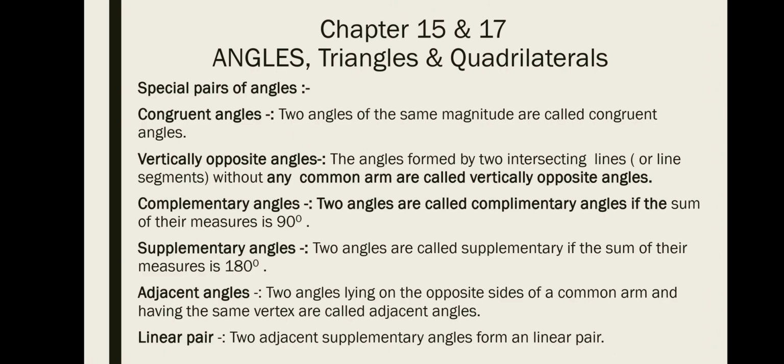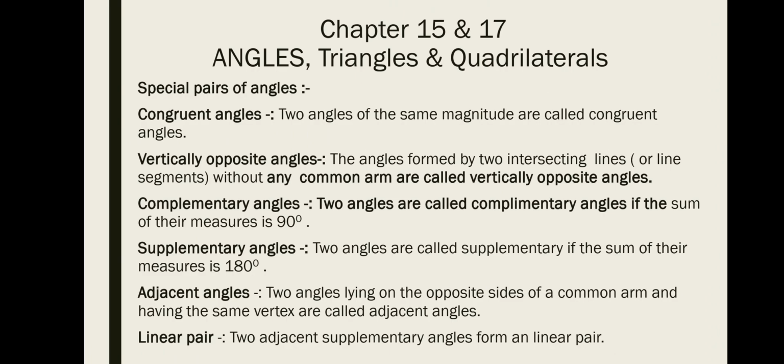Complementary angles. Two angles are called complementary angles if the sum of their measures is 90 degree. Supplementary angles. Two angles are supplementary if the sum of their measures is 180 degree.